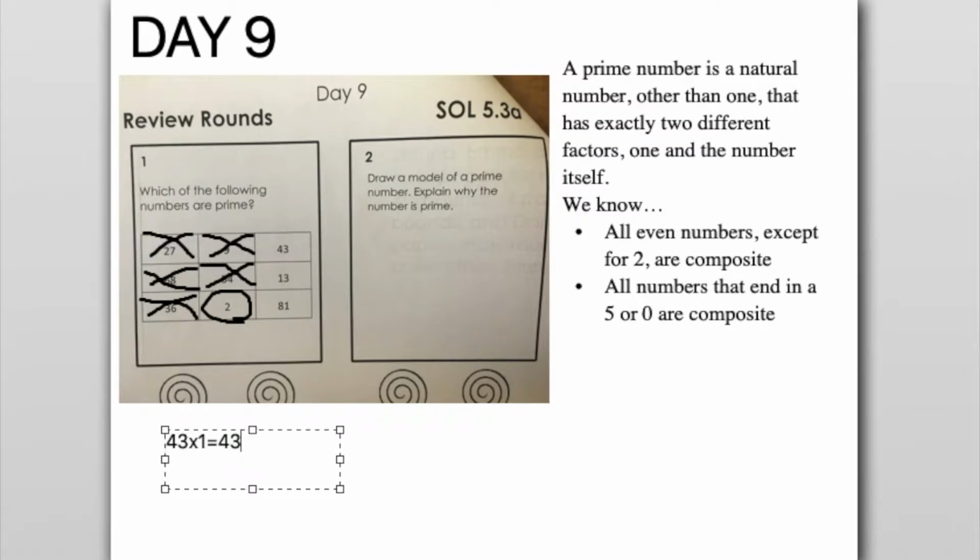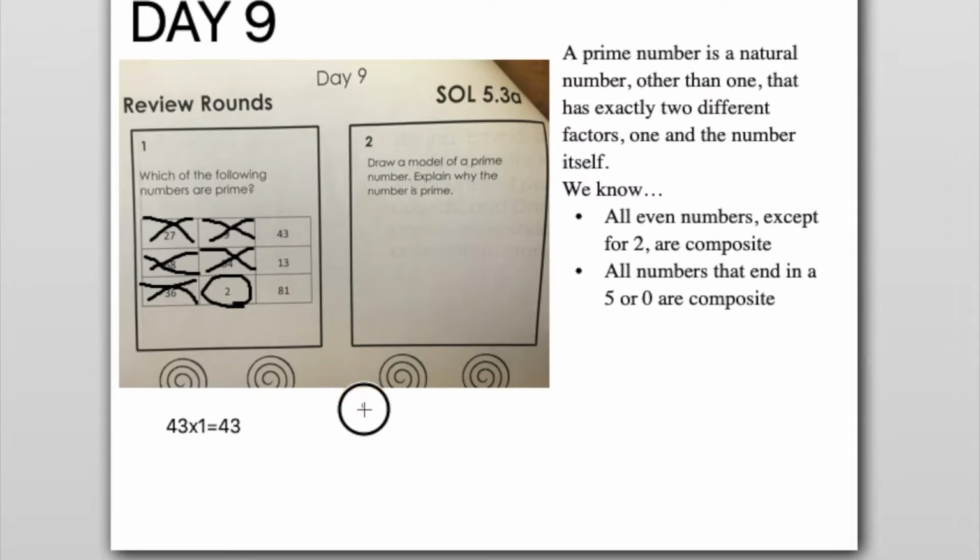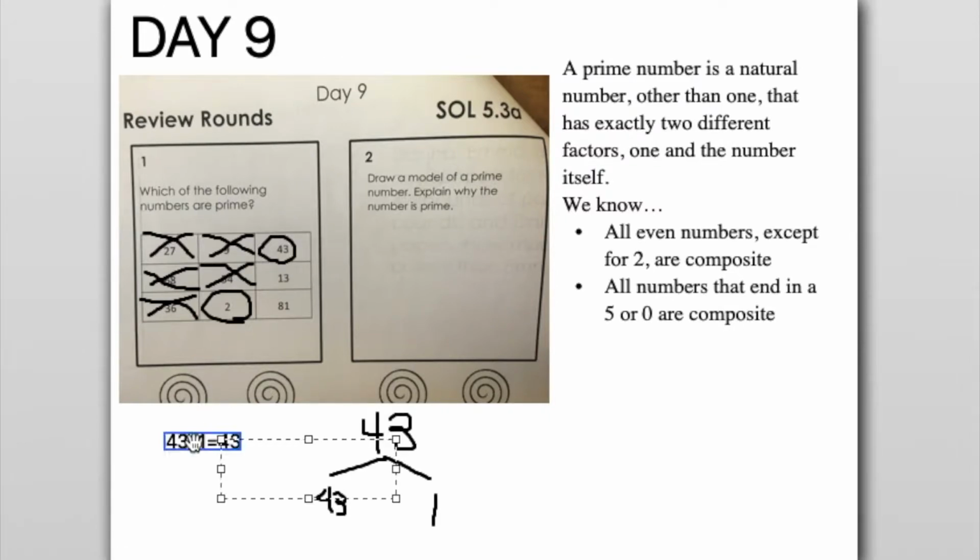So what that looks like is this. 43, if you made a factor tree, only has 2 factors. You can only have 43 times 1. That would be its complete factor tree. So 43 is going to be our next prime number. All right, we're on to 13. We're going to move a little quicker through these.